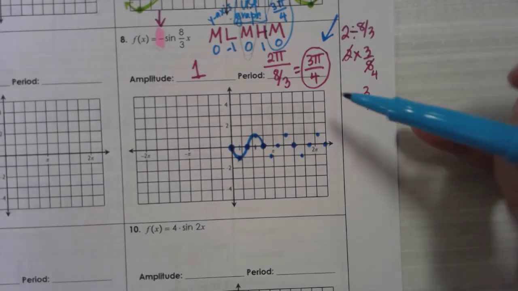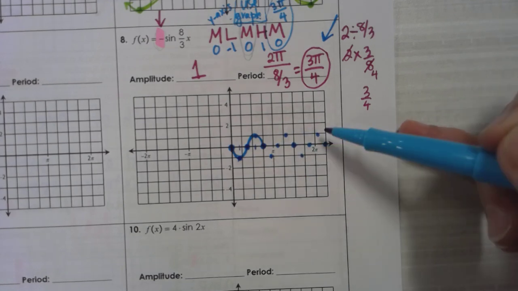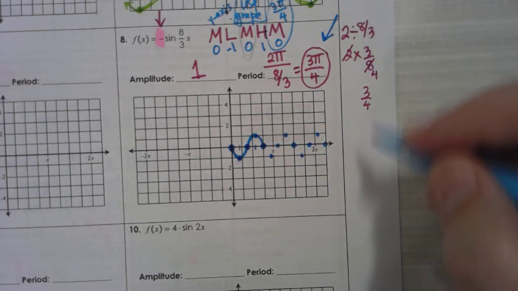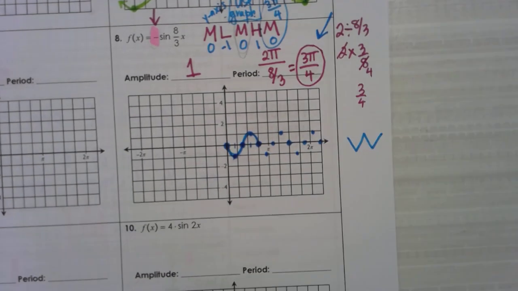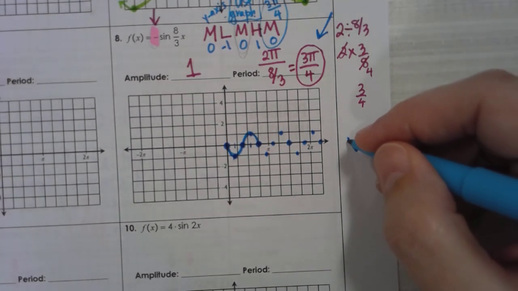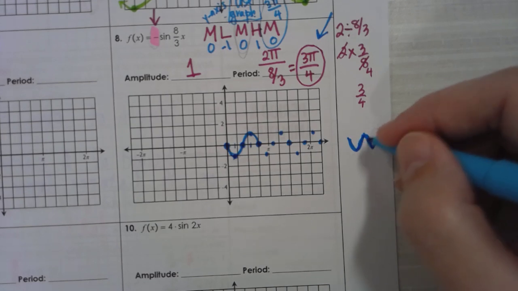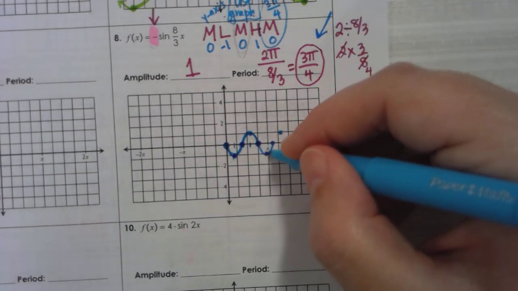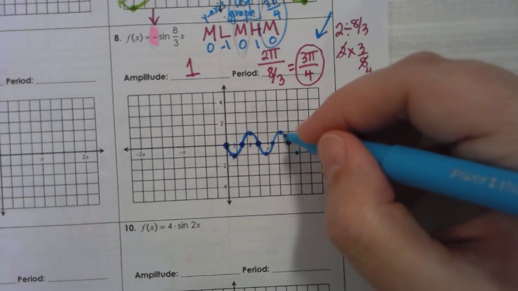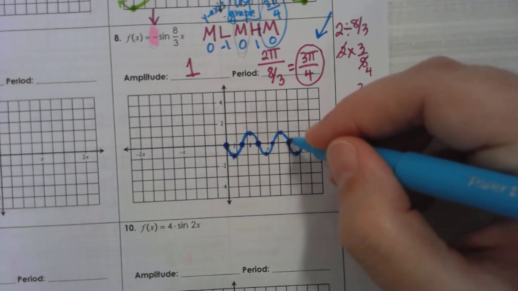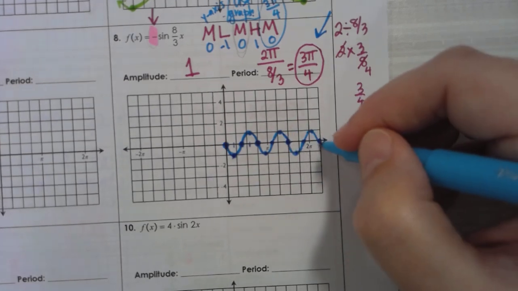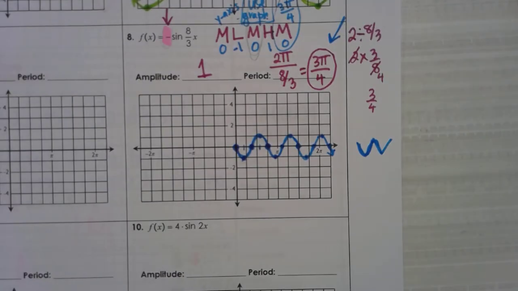And when you look at the dots that I drew, they look like this, right? But we don't want to connect them like that. We want to connect them with the curve. Okay? So make sure that you're curving your valleys and mountains, or whatever you want to call them.